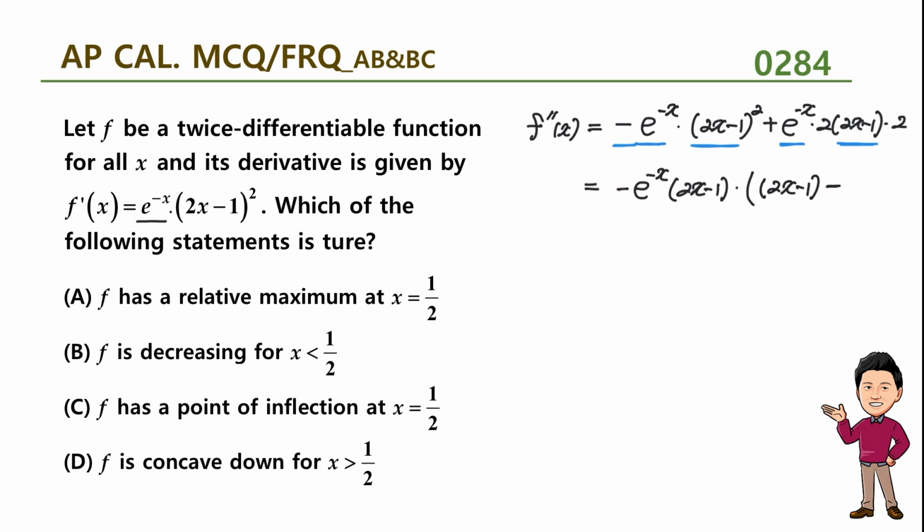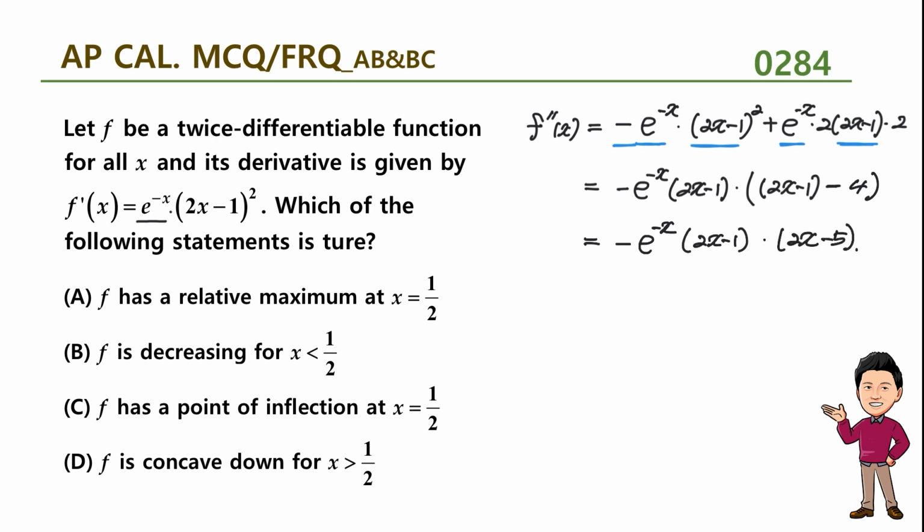And e to the negative x and 2x minus 1 are right here. So 2 times 2, that's 4, right? Let's simplify this. It's negative e to the negative x times (2x minus 1) times (2x minus 1 minus 4), that's 2x minus 5, right?